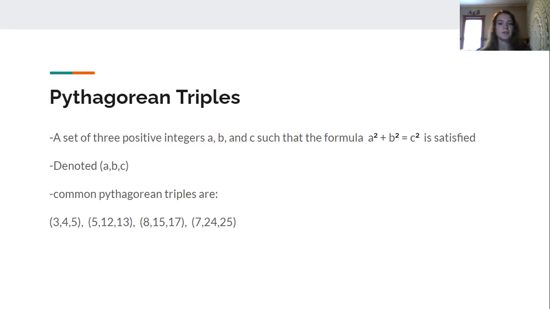It's easy to pick 2 and find a third, but it's hard to pick 2 and find a third that is also a rational number, or more specifically, a positive integer. Oftentimes, if I just pick 2 integers for a and b, and then I solve for c, we're going to find that c is going to be an irrational number.